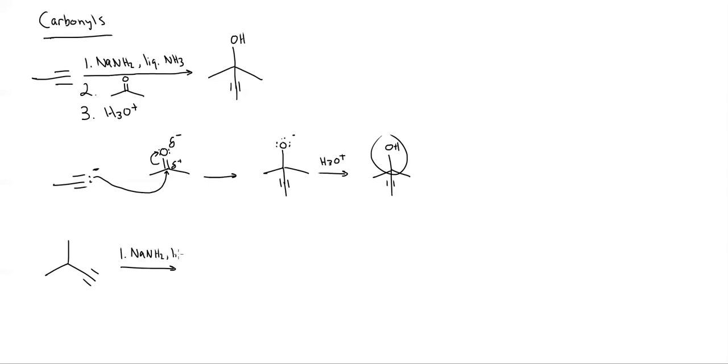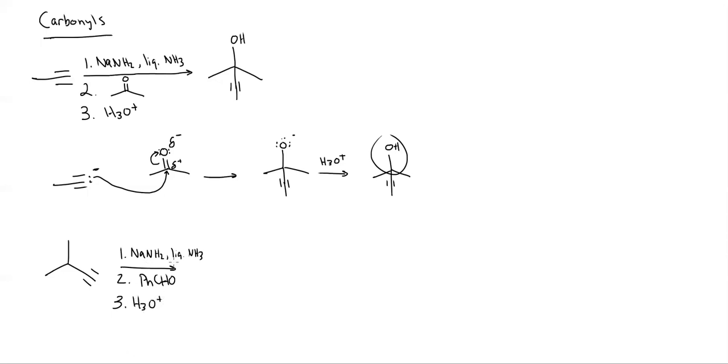So first step, NaNH2 in liquid ammonia. And then as a second step, we don't have to add a ketone. We can add anything, right? We can add a ketone or an aldehyde. So in this case, I'm going to add an aldehyde, PhCHO. And then as a third step, we just throw in some acid.